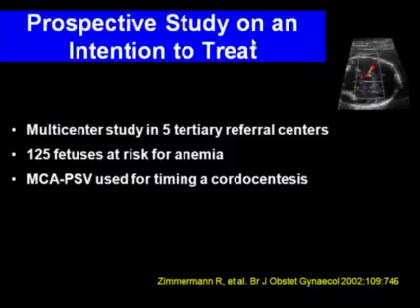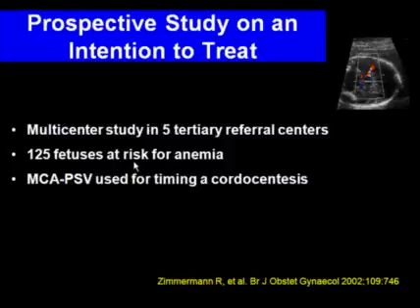So with this in mind, we organized another study. Actually, this was organized by Roland Zimmermann, one of my friends who is now chairman of OBGYN at the University of Zurich in Switzerland. In this study, there were 5 tertiary referral centers. There were 125 fetuses at risk for anemia, and the middle cerebral artery peak systolic velocity was used for timing a cordocentesis.